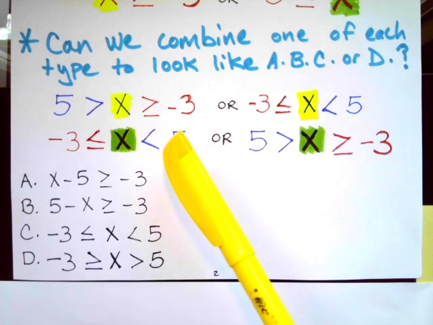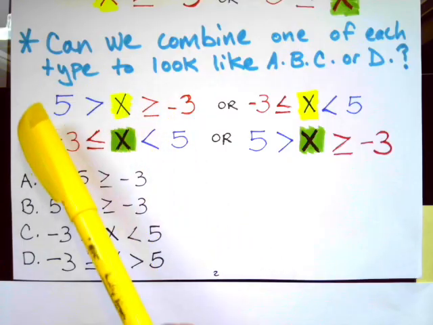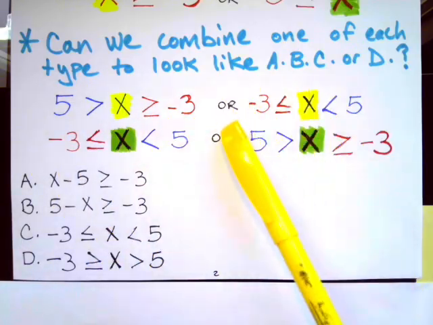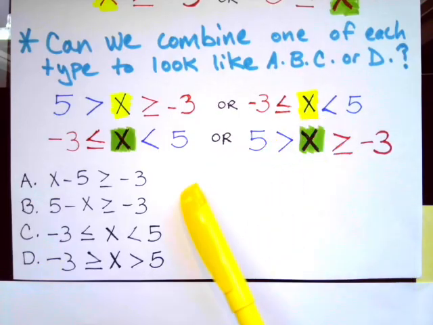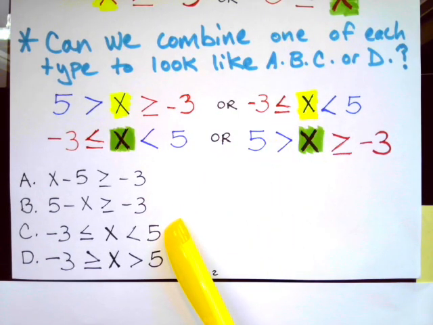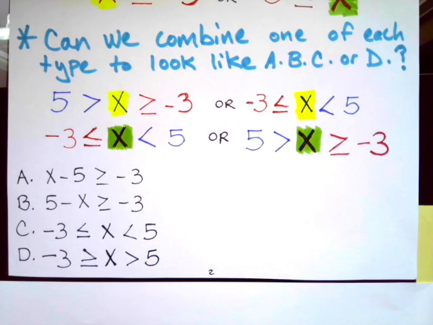And in our statement, it says greater than or equal to negative 3. So this is the same as this. And negative 3 less than or equal to x is less than 5 is option C. So our answer is option C.